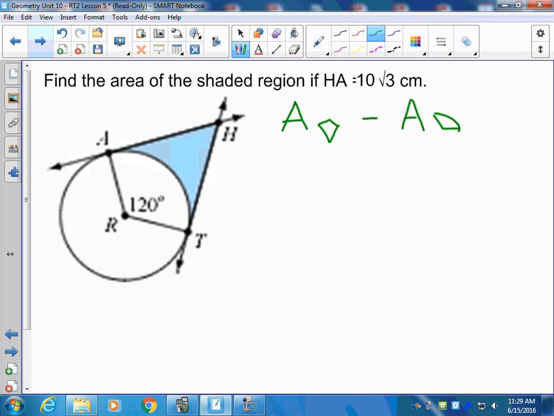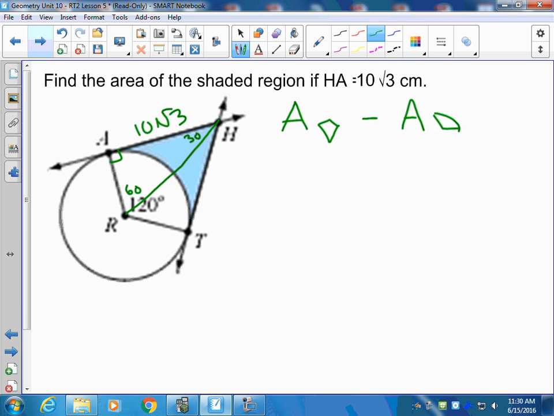Okay, so now, first, how can we find the area of this kite? Okay, we are given one of the values, 10 square root 3. So what I want to do is take this 120 and cut it in half. Okay, we have tangent values, so we know since it's a tangent, we've got a right triangle, 60, 30.